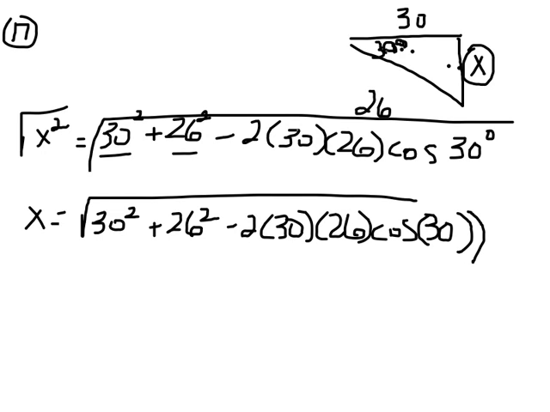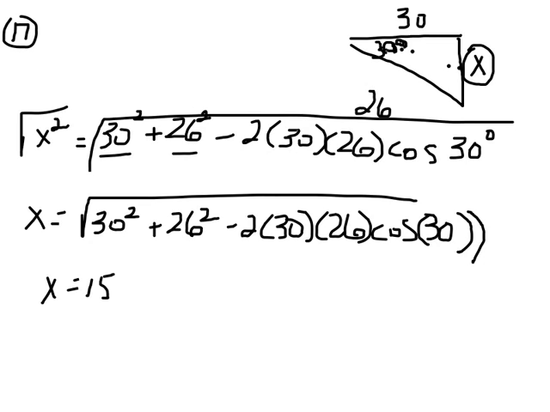So second square root, 30, hit x squared, plus 26, hit x squared, oops, I put a plus, so I have to go back, minus 2 times 30 times 26 times cosine 30 degrees, put a parenthesis after the 30, and a parenthesis to end the whole square root. Hit enter. Your answer is 15. If you round to 1 decimal point, you get 15.